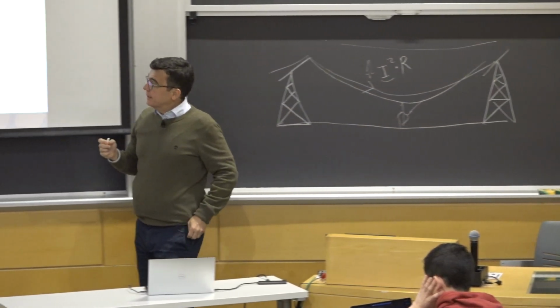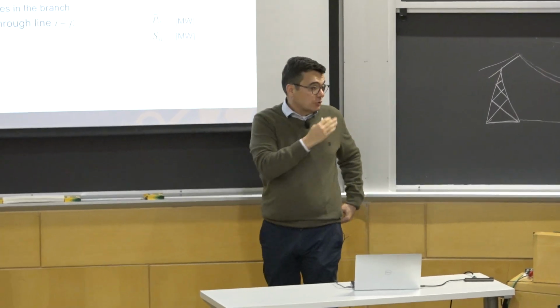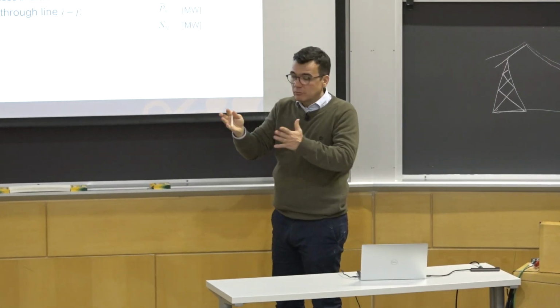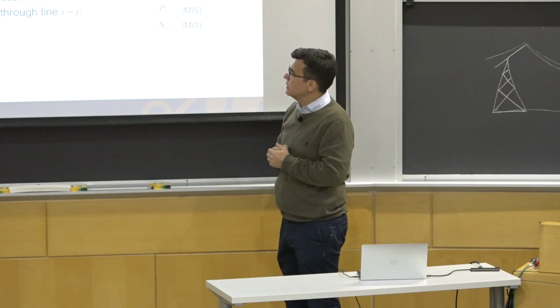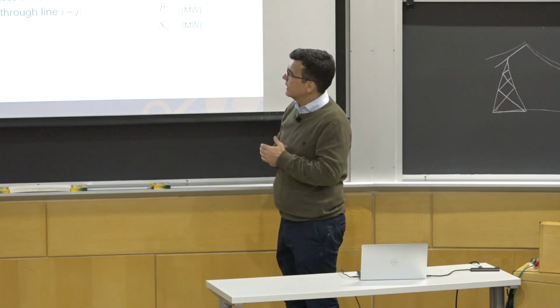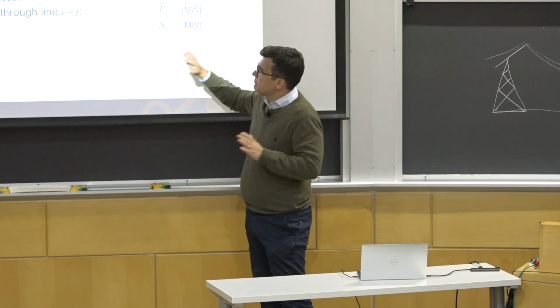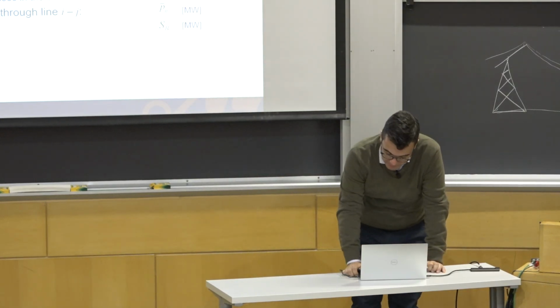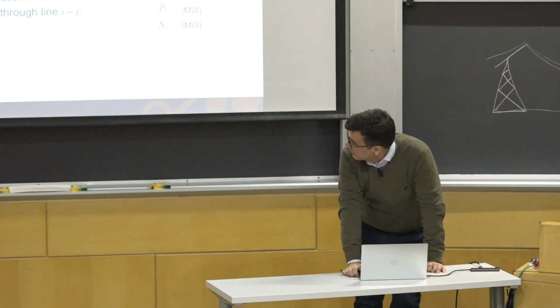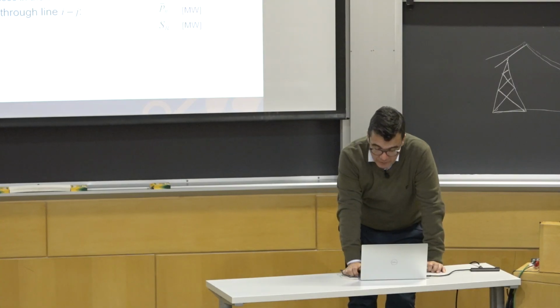Okay? We are going to assume that we have the same limits, although it could be different, especially if you consider other aspects like stability, etc. And we need a base power, which is the magnitude that we need to transform per unit into real values.